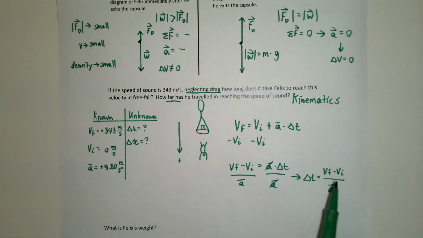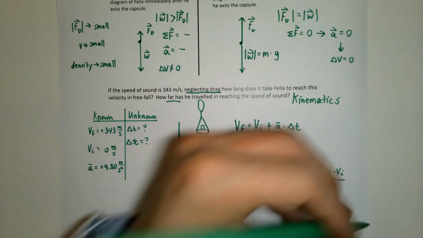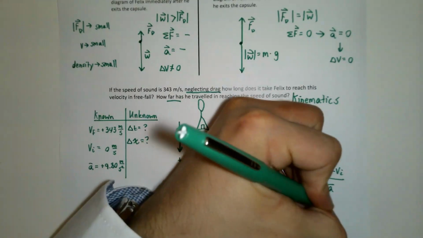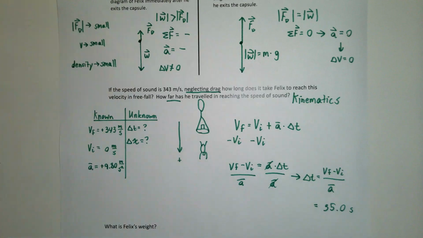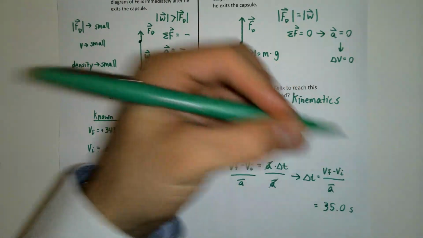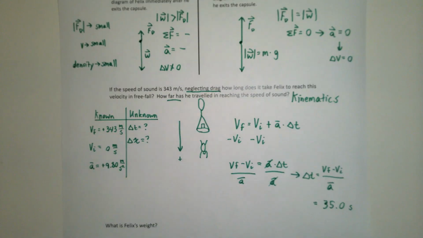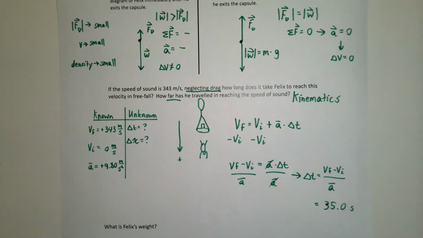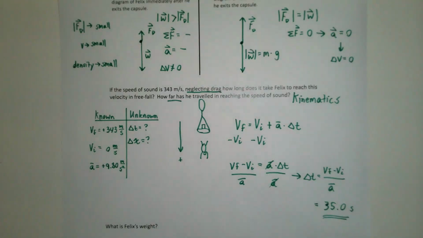If I plug in the values I know, 343 meters per second minus 0 meters per second, divided by 9.80 meters per second squared, I find that the time to three significant figures is 35.0 seconds. So we found the amount of time it takes for him to reach the speed of sound, 35 seconds.